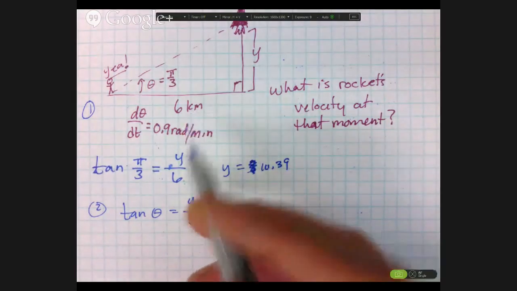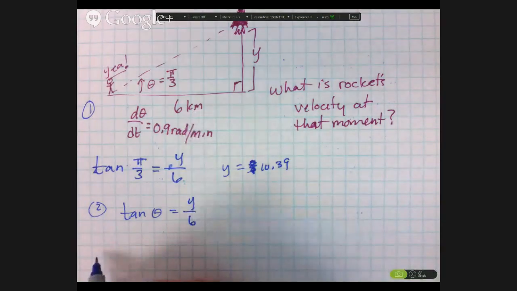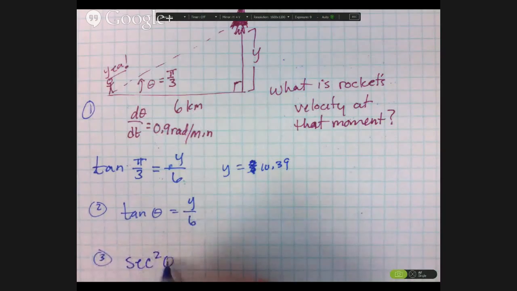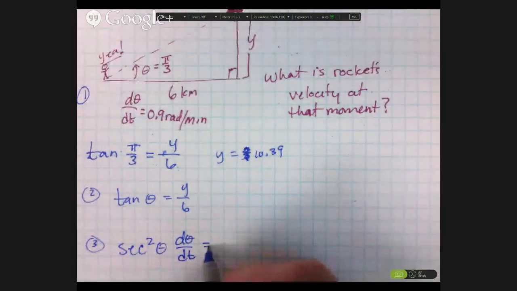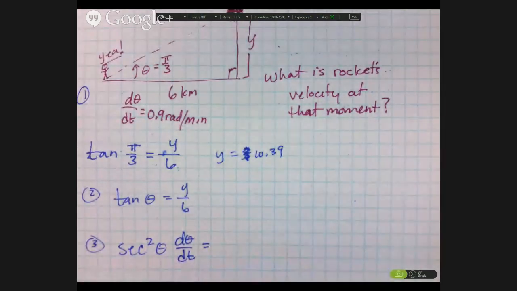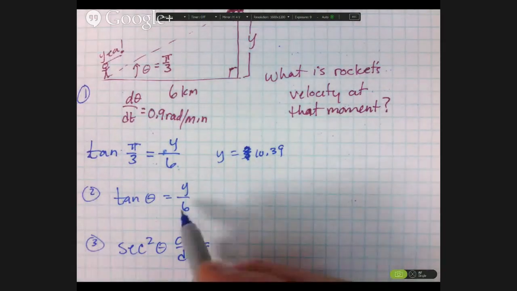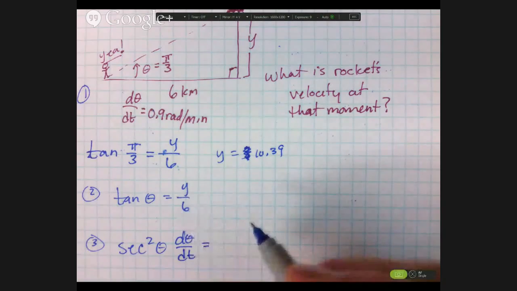What is the derivative of tangent? Okay, so we have secant squared theta d theta dt, because with respect to time, it's velocity here. Equals, what's the derivative of y over 6?